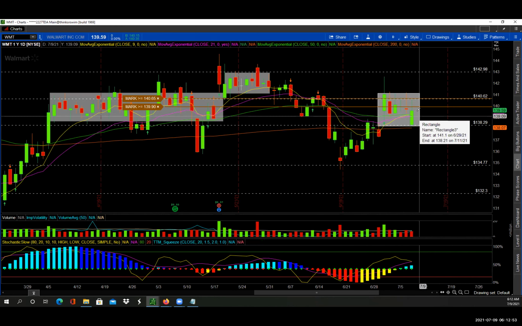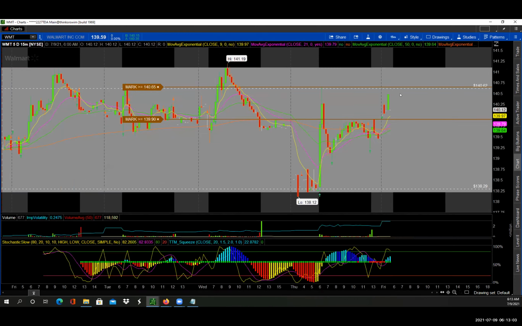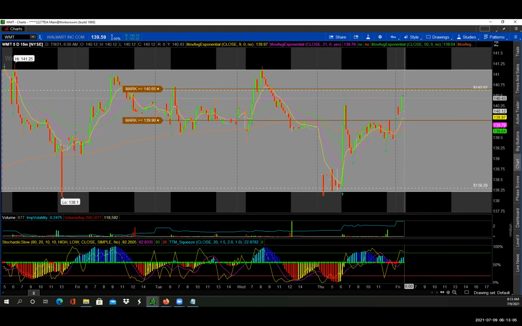So you can do this 2 ways. You can take calls if we break 140.60. If we do not, then go ahead and grab some puts, trade the momentum it has and just go with the trend. Okay.